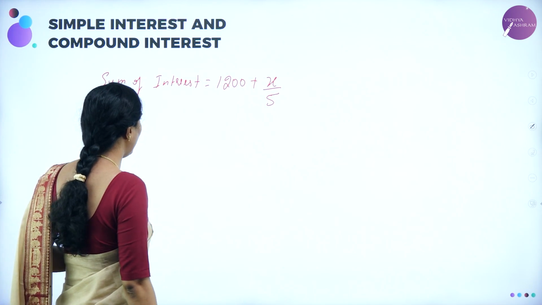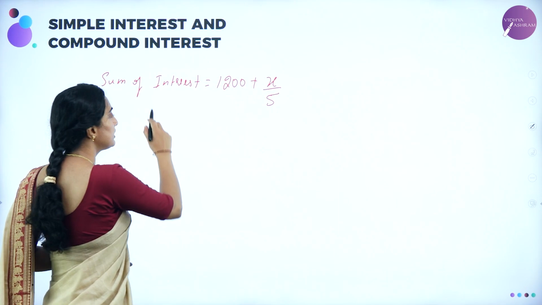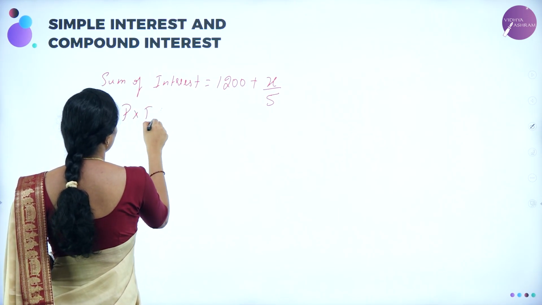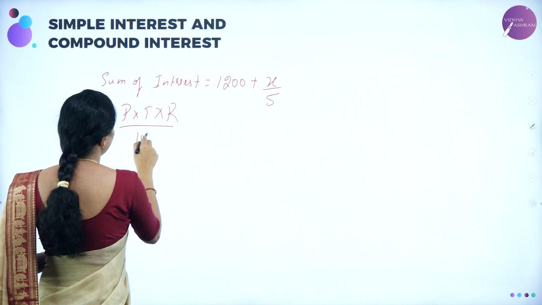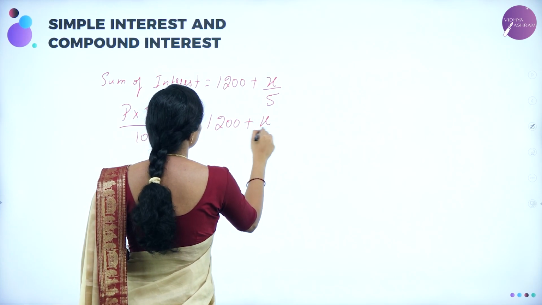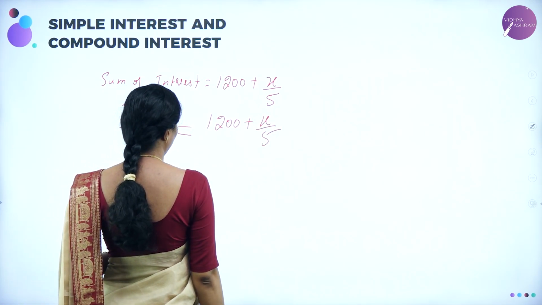Now you know already simple interest is given by the formula PTR divided by 100, which is equal to 1,200 plus X divided by 5. So let me substitute here for having the formula.